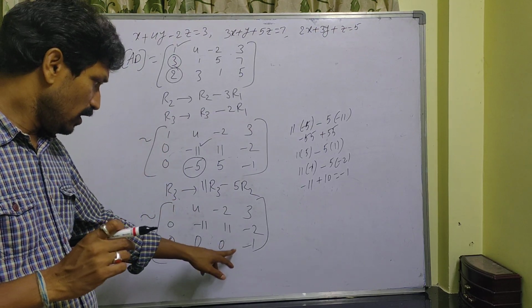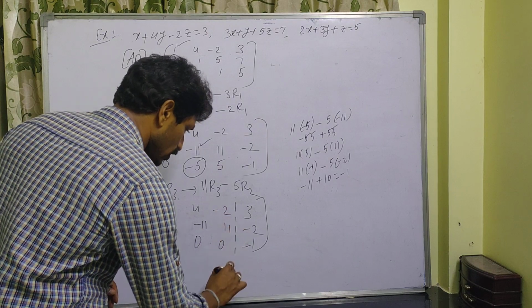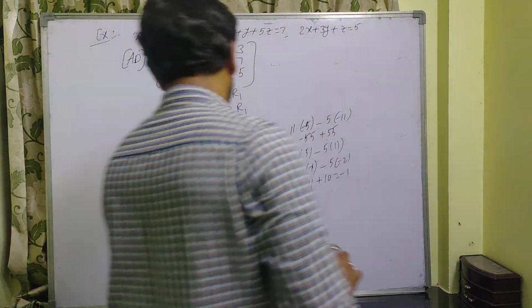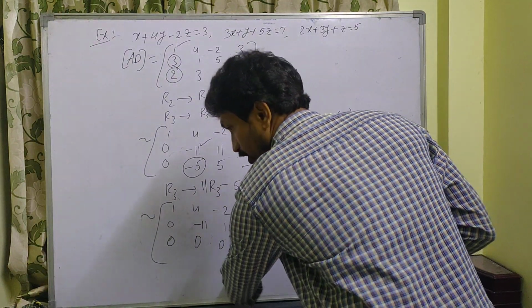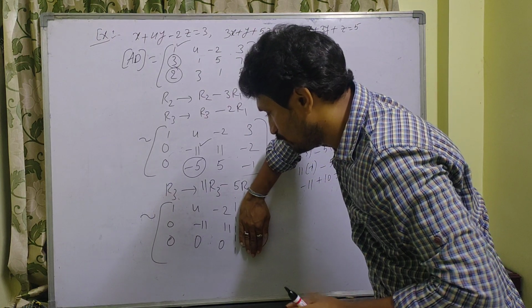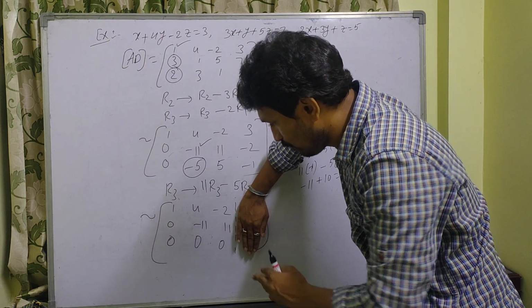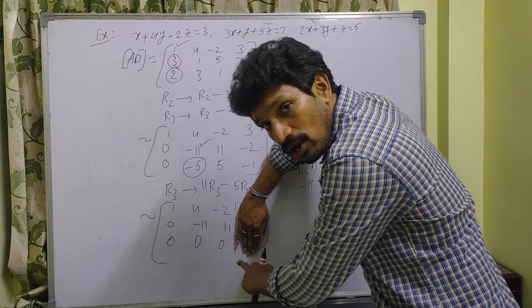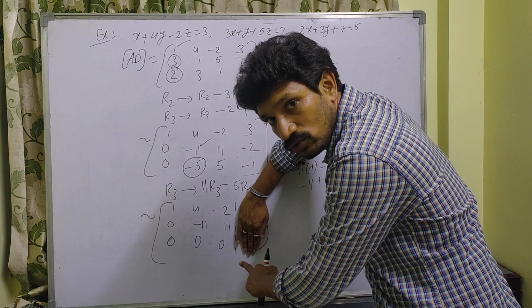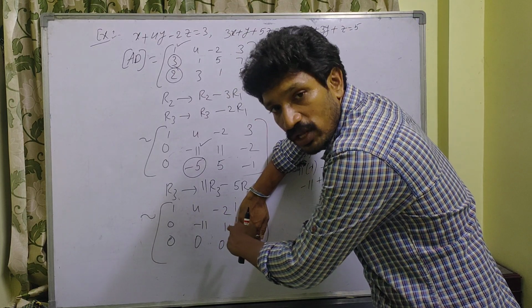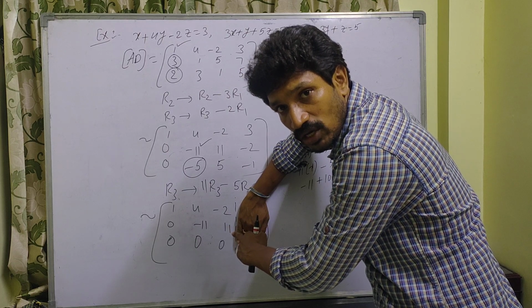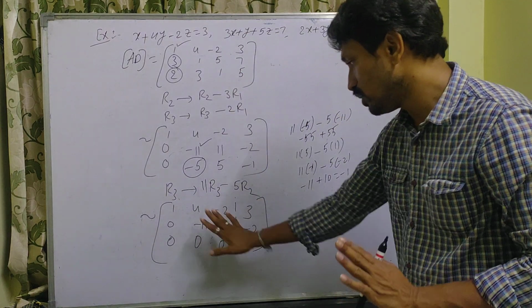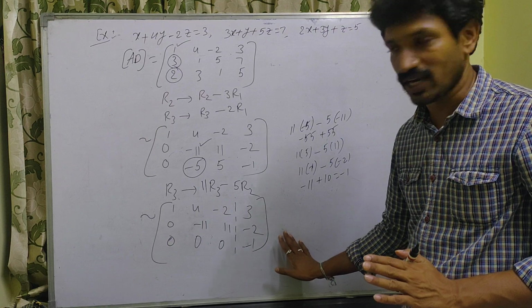Okay, see, now you observe here. If you close this one, it is in the echelon form. Matrix A is also in echelon form, clearly. But if you close this one, in the matrix A the last row has all entries zeros. So the number of non-zero rows is equal to 2. So rank of A is equal to 2. But if you open this one, it is the augmented matrix AD.